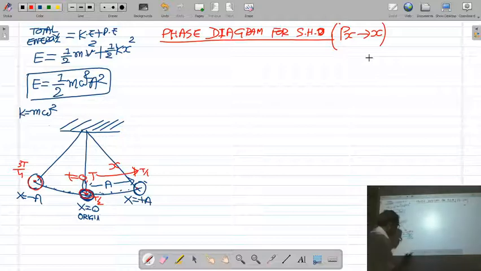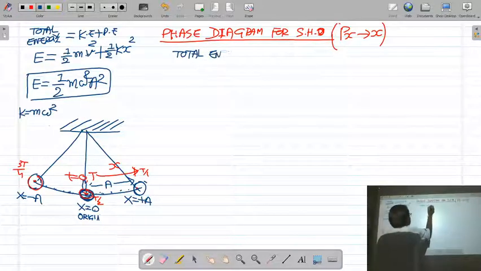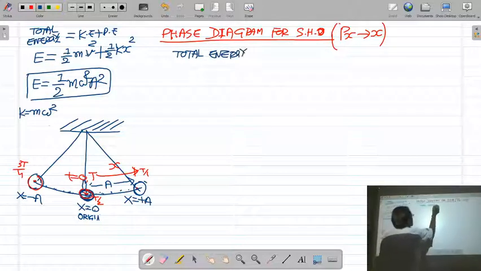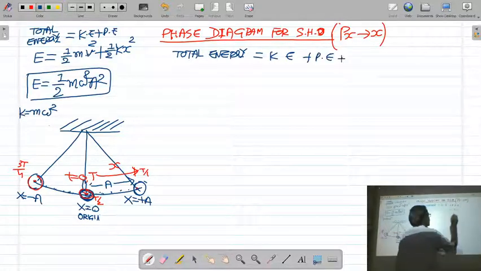So we calculate the total energy of the oscillator. As you know very well, it is the sum of kinetic energy plus potential energy of the oscillator.